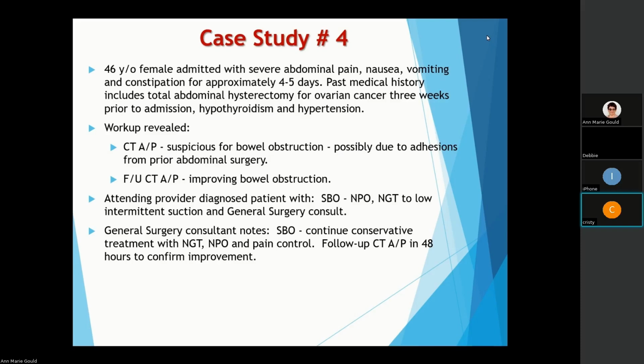Workup revealed a CT suspicious for bowel obstruction, possibly due to adhesions from prior abdominal surgery. Follow-up CT showed improving bowel obstruction. The attending provider diagnosed the patient with SBO, ordered NPO, NG tube to low intermittent suction, and general surgery consult. General surgery consultant notes SBO, continue conservative treatment with NG tube, NPO, and pain control. Follow-up CT in 48 hours to confirm improvement.